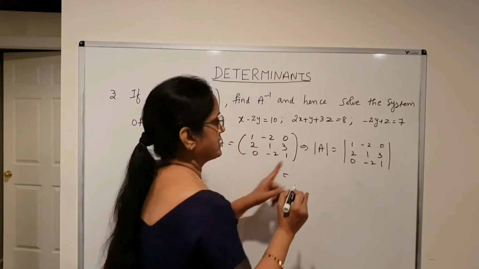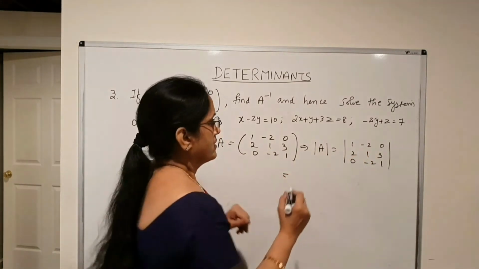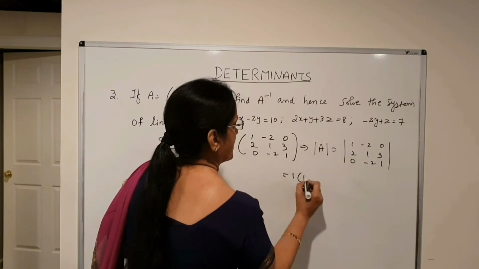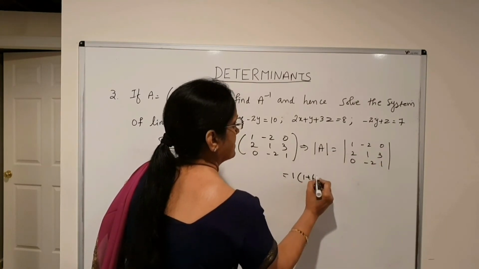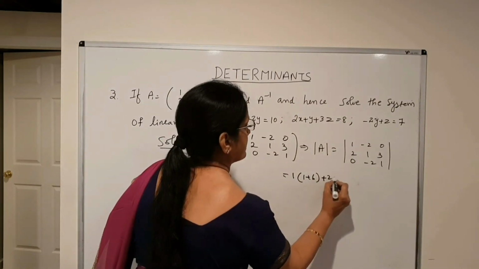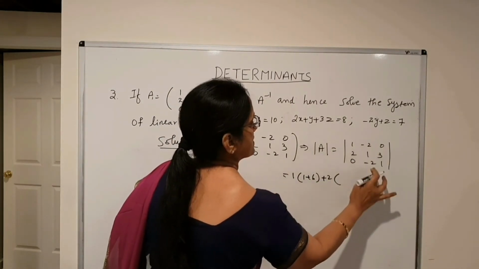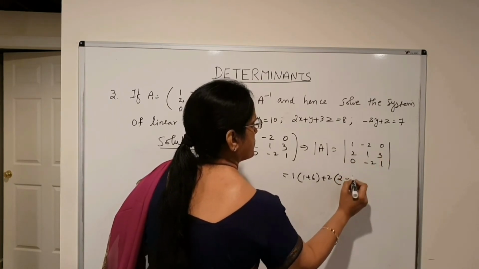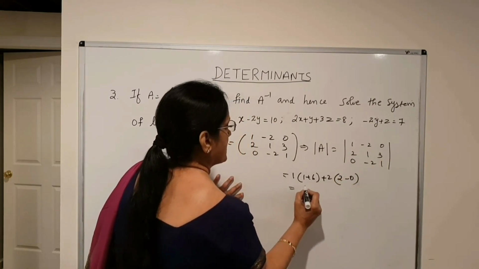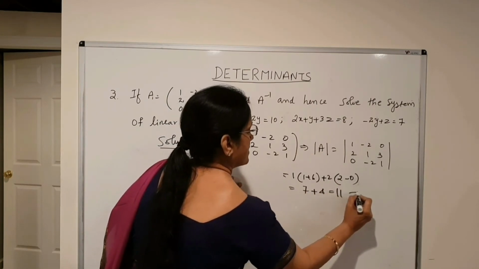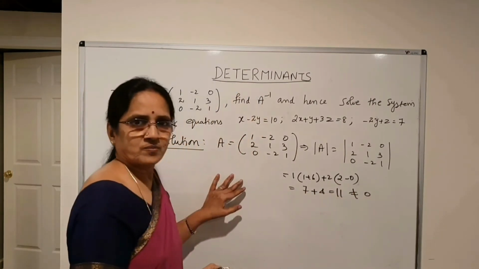I am going to expand this using the first row. So 1 into, product of 1 into 1 is 1, then plus 6 you will get here, then already minus 2, so it becomes plus 2 into, leaving the first row and second column, 2 into 1, 2, minus 0 into 3, 0. So this will be 7 plus 4, which is 11, not equal to 0.